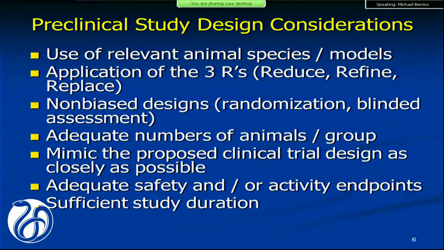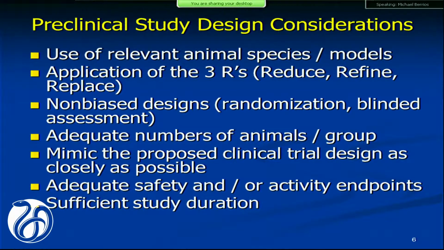So preclinical study design considerations, these are very general considerations. Use of relevant animal species and models. And remember to apply the 3 R's: reduce, refine, and replace. And the study design should be non-biased. This can be achieved by animal randomization and blinded assessment.